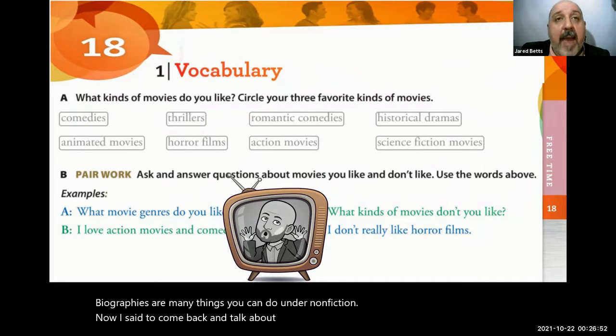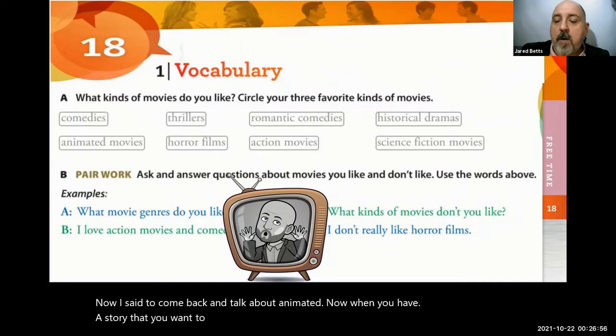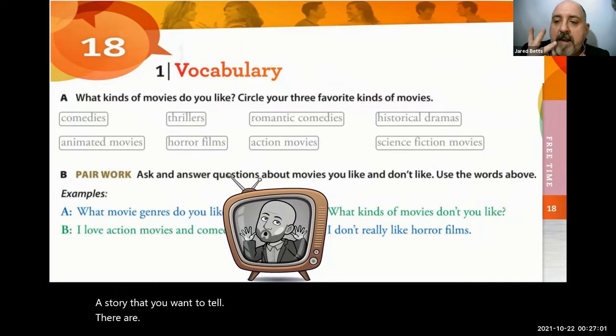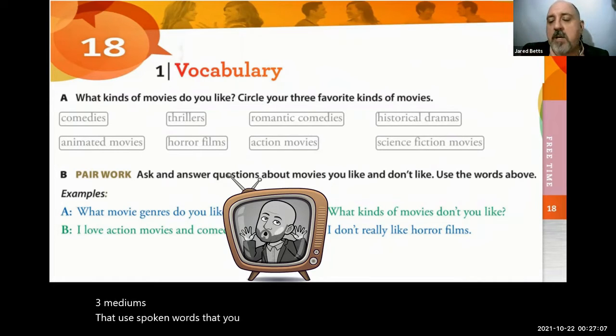Now, when you have a story that you want to tell, there are three mediums that use spoken words that you can present your material.